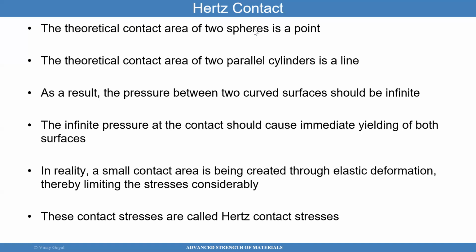If those spheres were rigid, that would give you a point at which they contact each other, and that would be an infinite stress, but that's not what happens in reality. In reality, when the two spheres come into contact, they deform in such a manner that you form a small circle where the contacting area is occurring. And that limits the stresses quite considerably.